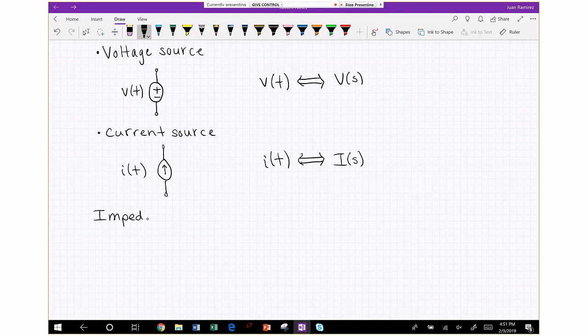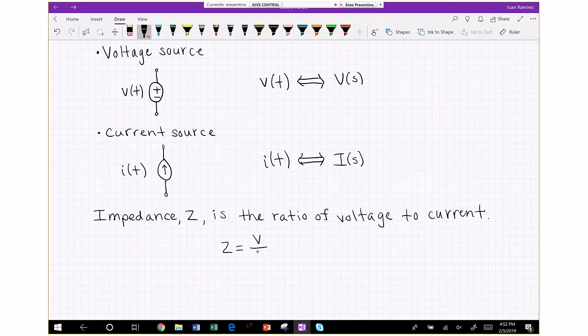Impedance, which we denote with a capital Z, is the ratio of voltage to current. We represent impedance with a capital Z equal to V over I, like so.